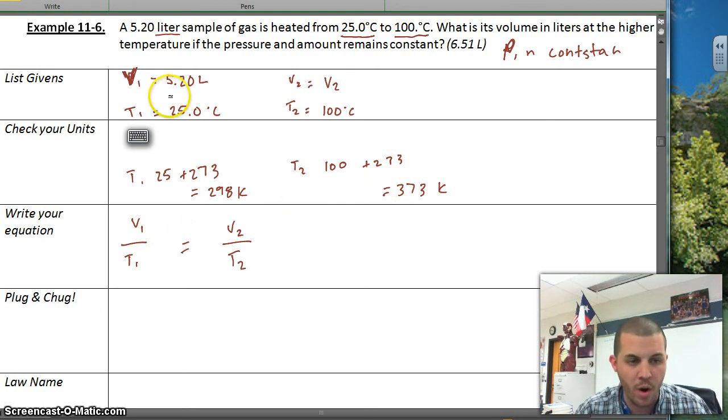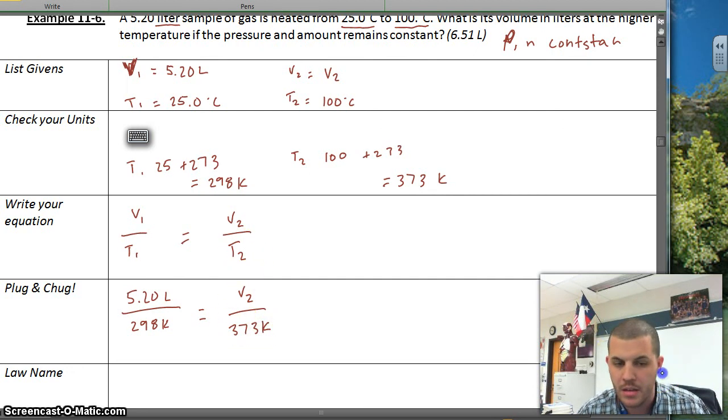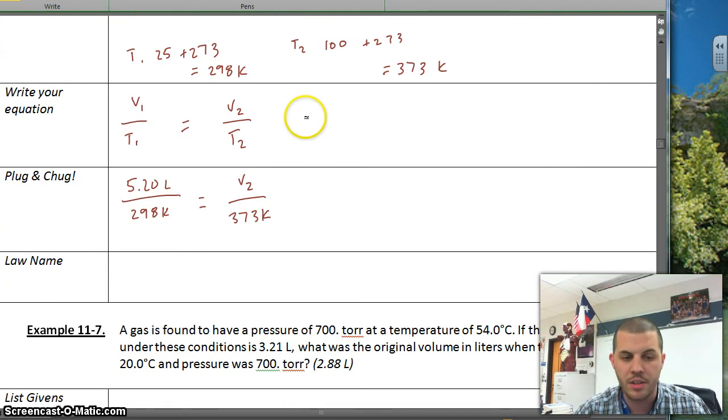V1 was 5.20 liters divided by T1, which we changed to 298 Kelvin, equals V2, which is unknown, over T2, which is 373 Kelvin. Not bad so far. Now all I've got to do is cross multiply.